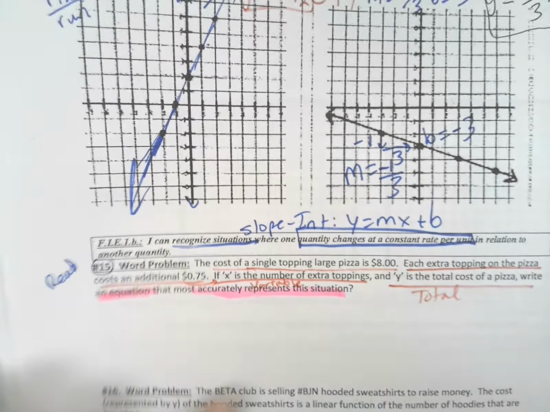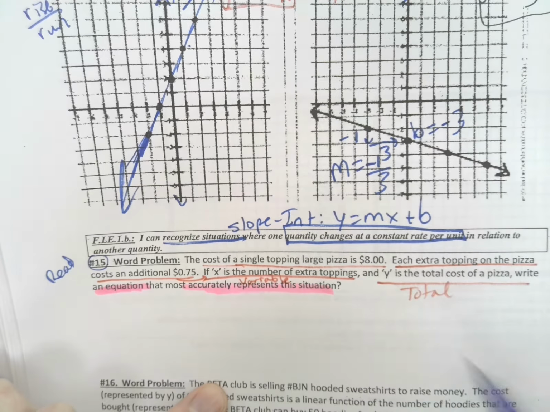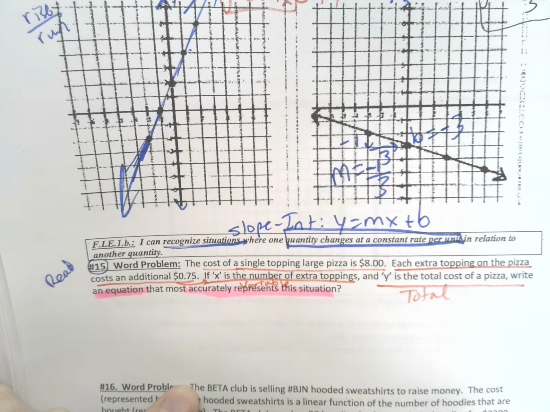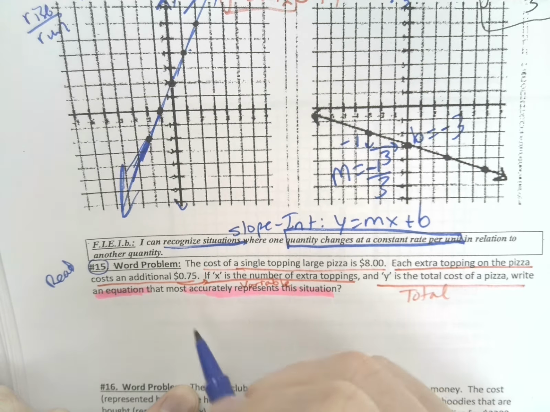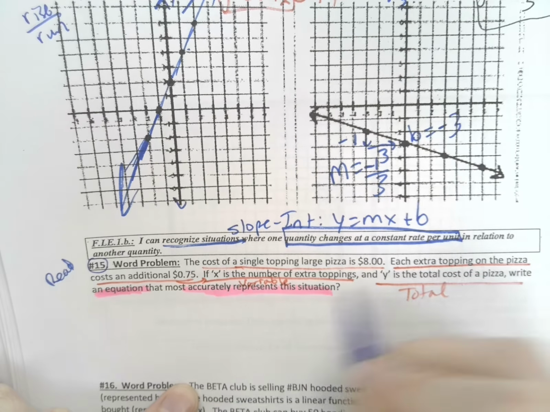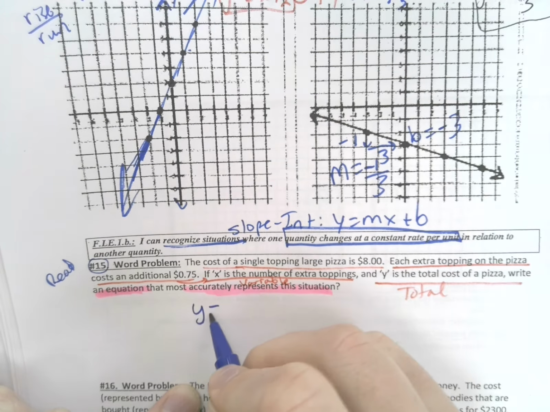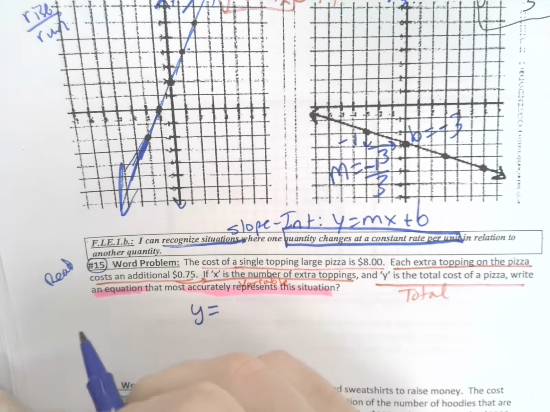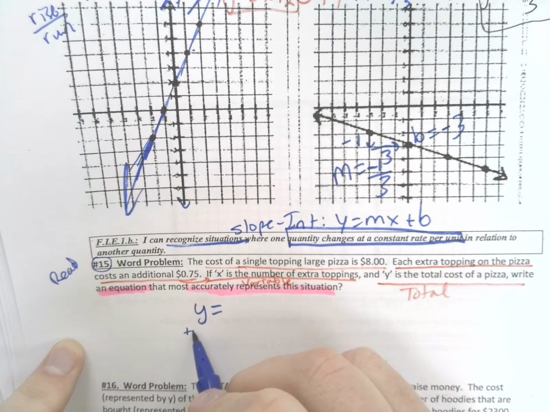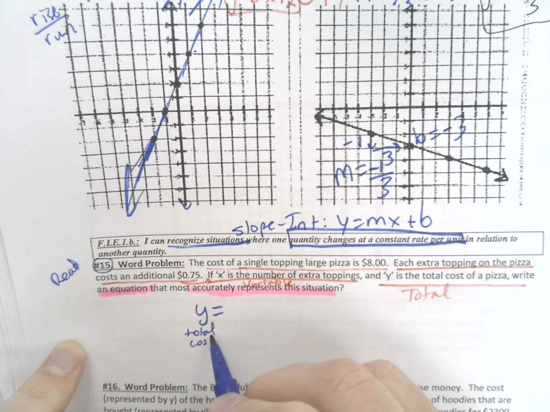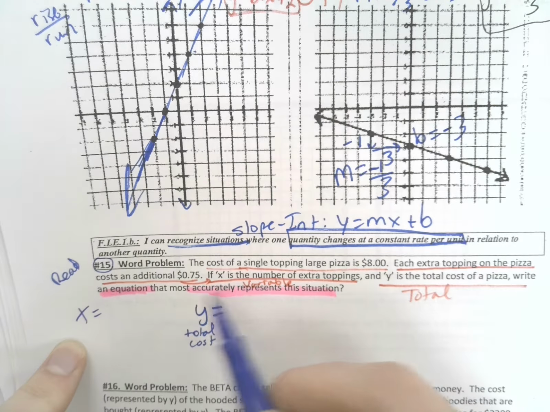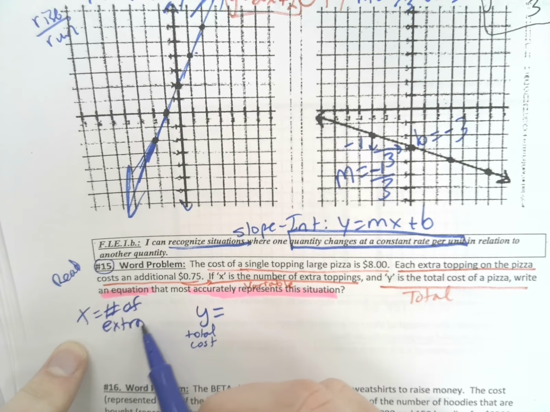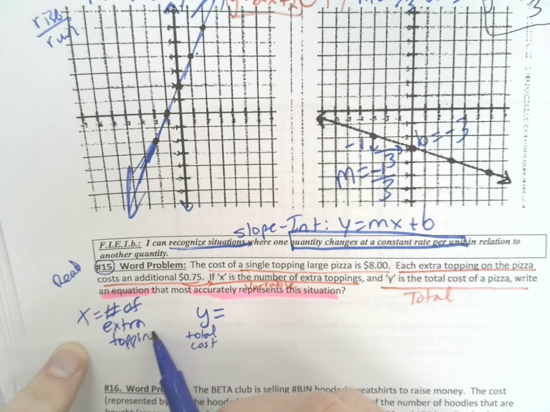Okay, guys. So first off, we know y is going to be the total cost of the pizza. Okay? So first thing I'm going to say is I know that everything's got to end up equaling y. Y is going to equal everything else. But I also want to recognize that along with this being the total cost, x represents the number of extra toppings.